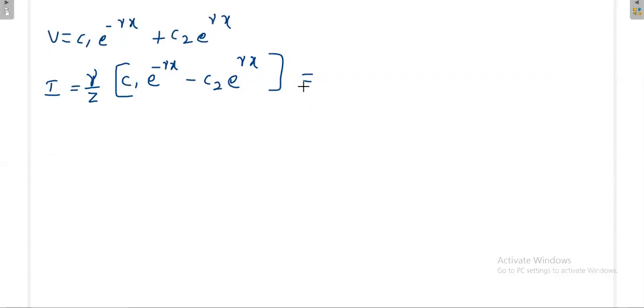Take this for now, and I will prove how it is true. If it is 1 by Z naught, then the current is C1 e power minus gamma x minus C2 e power gamma x. So gamma by Z can be written as 1 by Z naught. Then what is the meaning of Z naught?